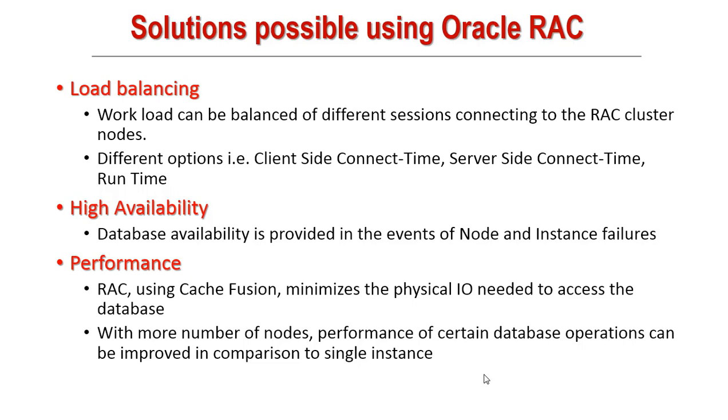Of course, RAC can also be used to improve performance, in terms of the features which RAC provides, for example, cache fusion and the faster network, and of course to a certain extent load balancing as well. But it is not a mandatory thing that just because you have RAC, you are going to have better performance for sure.